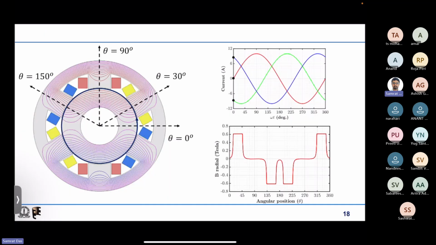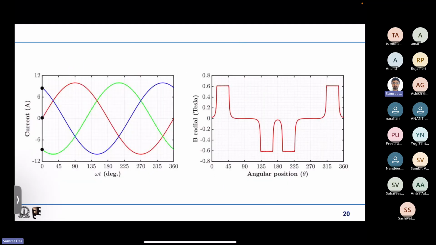And we also looked at the different cases. We are looking at the time instant theta equal to omega t equal to 0, that is the time angle. And at that instant, if we traverse on this black circle, then what is the field distribution? So we looked at that. And if we move ahead in time, then we see that it shifts in the right hand side direction, or it basically moves ahead in space also.